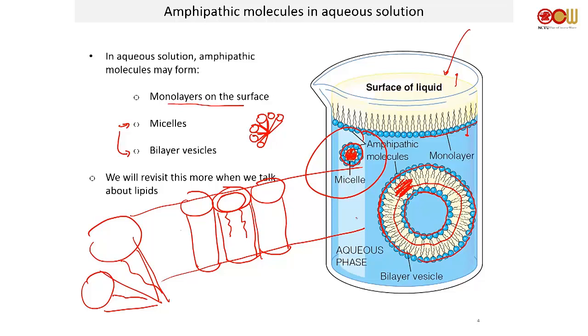And of course, eventually they're going to close somehow, right? Because otherwise, if it doesn't form a little circular structure, then you would have hydrophobic parts exposed here, right? So eventually, this end will connect to this end. Okay, that's just because of the hydrophobic effect. Okay, remember the hydrophobic effect? We talked about that on Tuesday. I think I did. Okay, so these are the two types of structures that these molecules form, right?